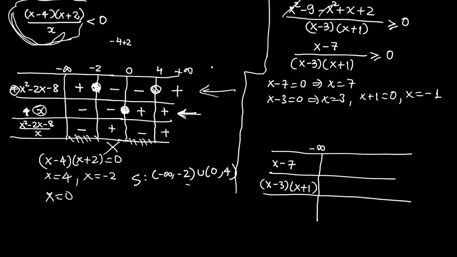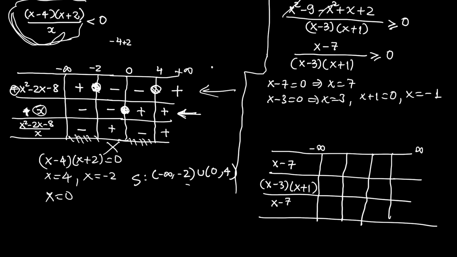From minus infinity to infinity. Here is (x - 7) divided by (x - 3) times (x + 1). Now I have to organize. I have x equal to 7, x equal to 3, x equal to -1.